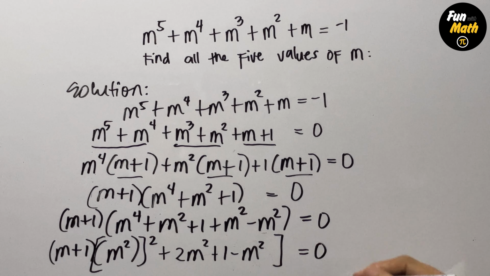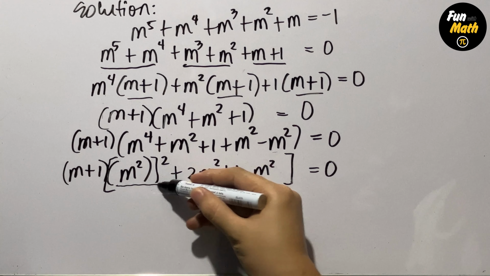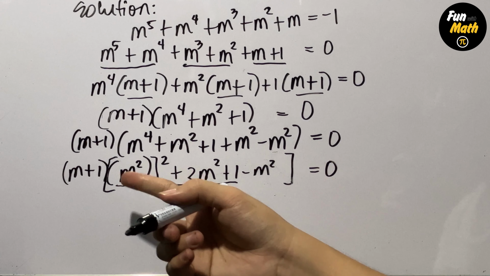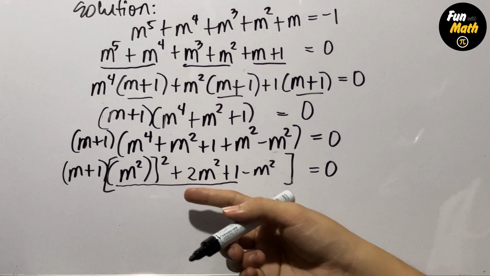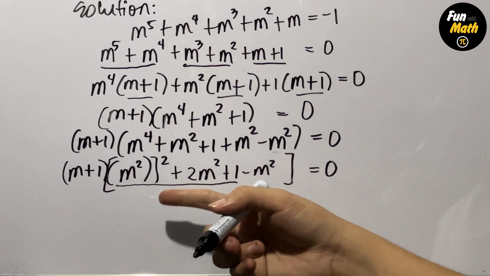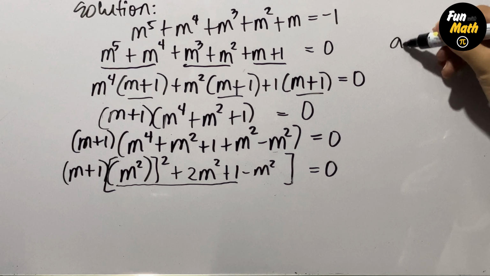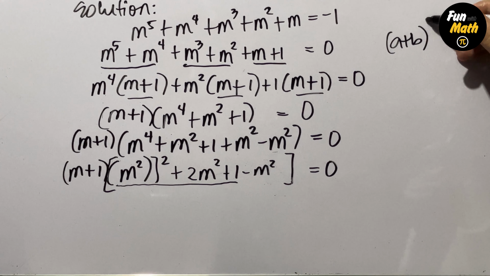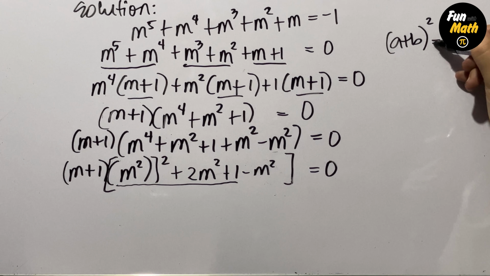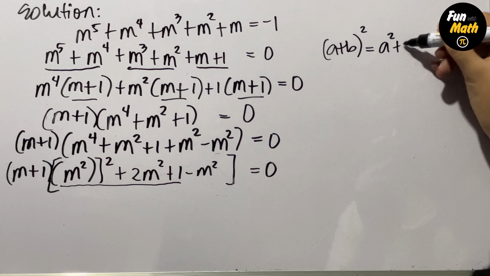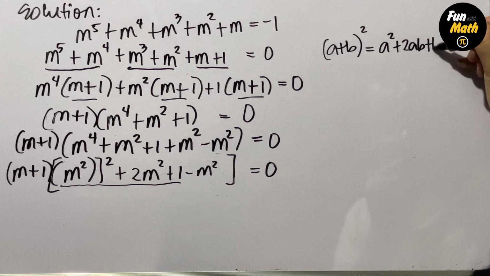equals 0. Now, for this part, we have m squared whole to the power of 2 plus 2m squared plus 1. This is an identity. Let's recall we have an identity, a plus b whole to the power of 2, which is also equal to a squared plus 2ab plus b squared.